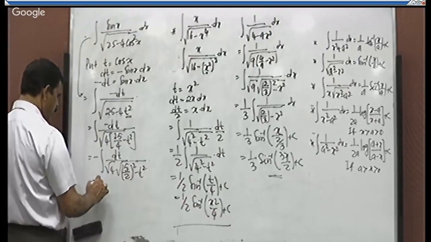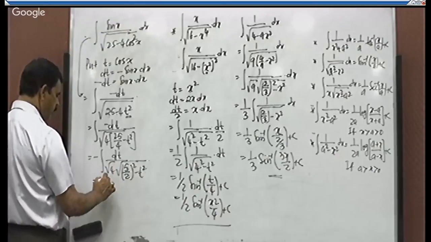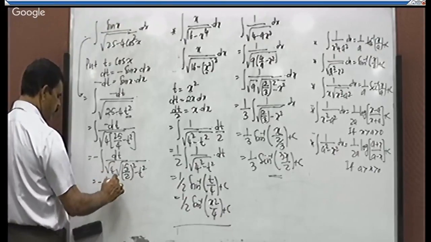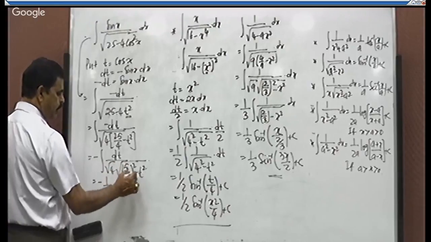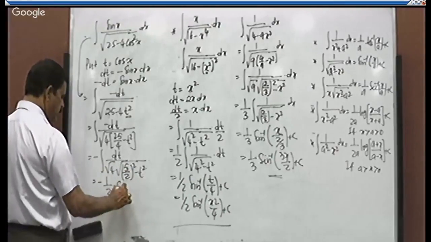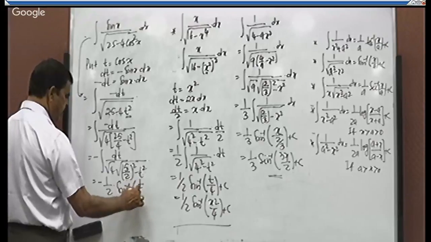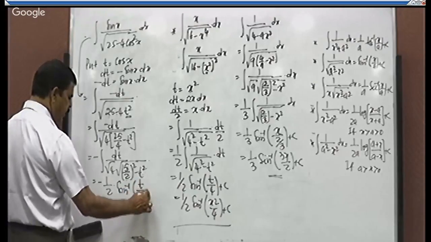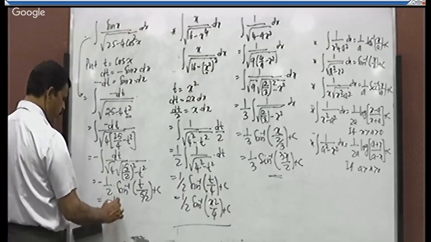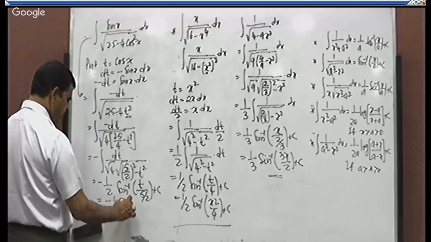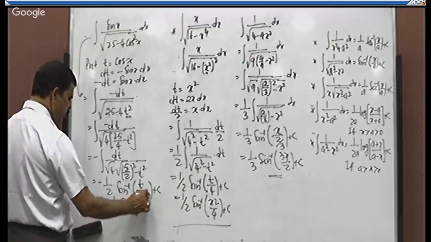Then root 4 is what? 2, so it is minus 1 by 2, and it is of the form a square minus t square. The answer is what? Sine inverse of t divided by a, a is 5 by 2, plus c. It is equal to minus 1 by 2 into sine inverse of 2t divided by 5.